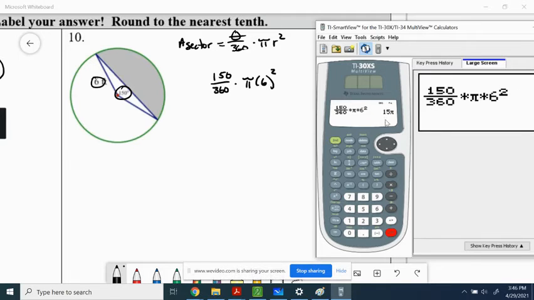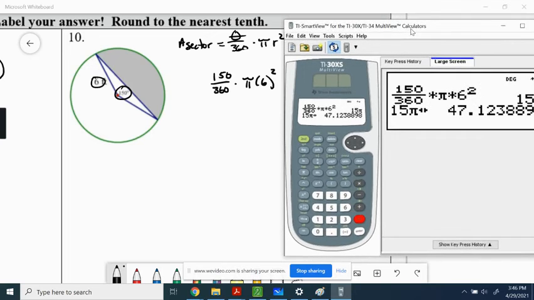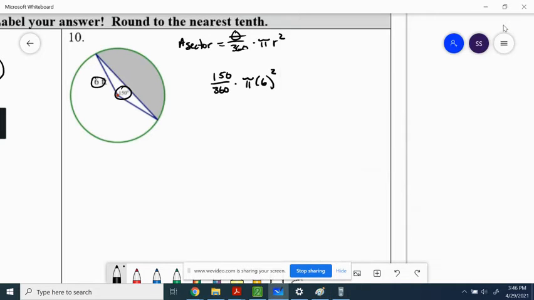Press enter, we get 15 pi. I want a decimal answer to the nearest tenth, so I'm going to hit the double arrow key, and I get 47.12, so we'll just call that 47.1.